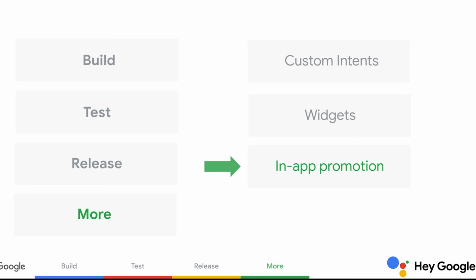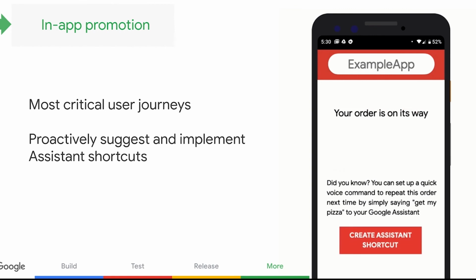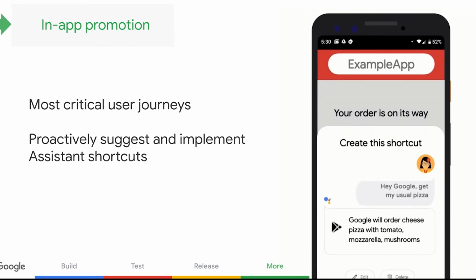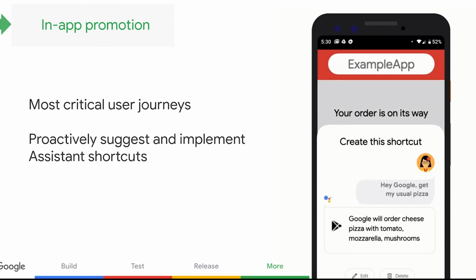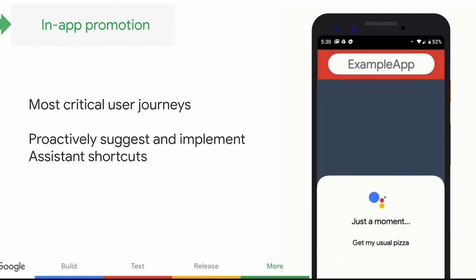Now to in-app promotion. For your most critical user journeys, you can suggest to your user to create Assistant shortcuts in your app, which is a phrase that triggers a particular shortcut. This is similar to how Assistant shortcuts are created manually by your users, but the in-app promotion SDK enables you, the developer, to proactively suggest and implement Assistant shortcuts for your users.